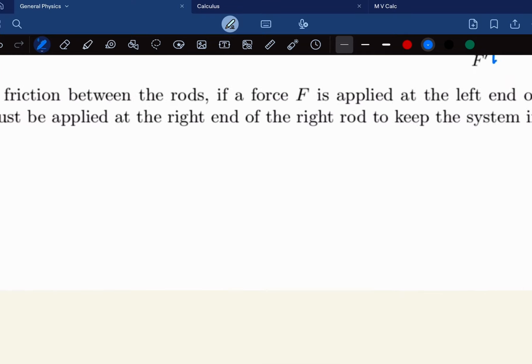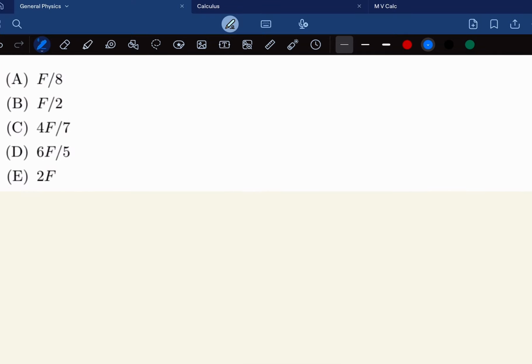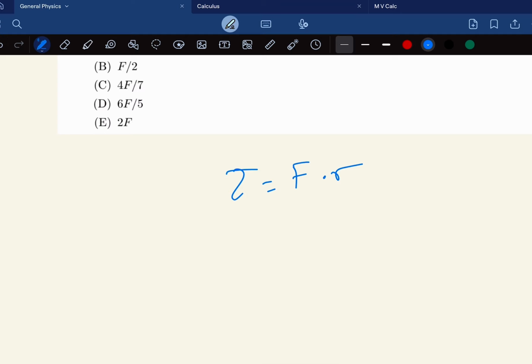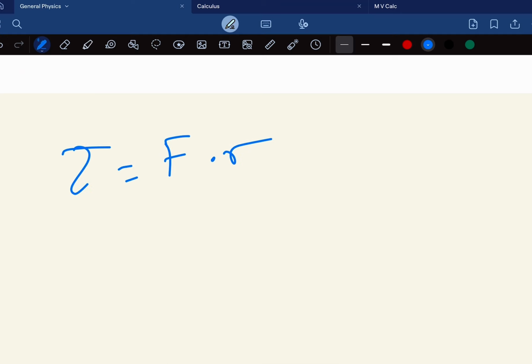Now, to get started, let's look at the basics of what a torque is. So torque is equal to force times the distance the force is away from a pivot. However, it is not that simple, as what if you apply a force at an angle?